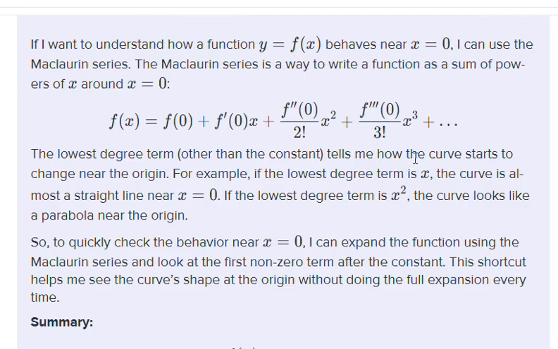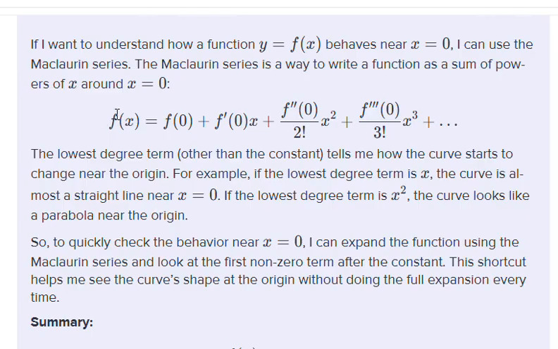The lowest degree term tells us the curve behavior. The Maclaurin series is a way to write the function as a sum of powers around x equal to 0.